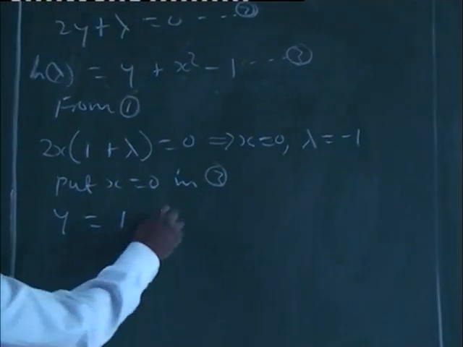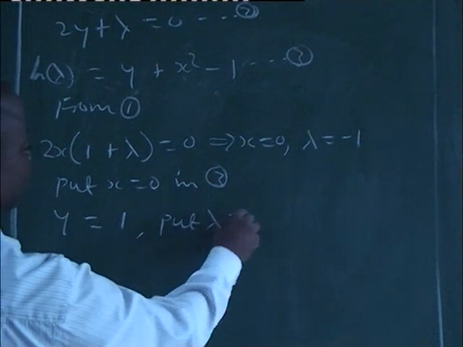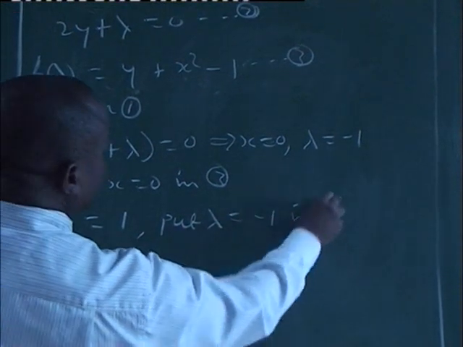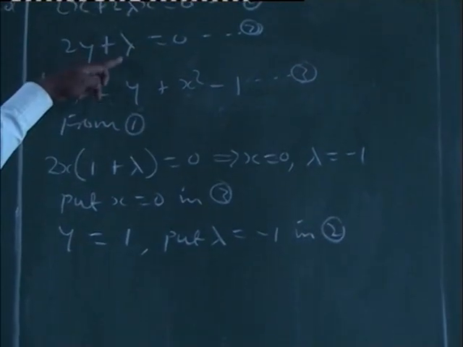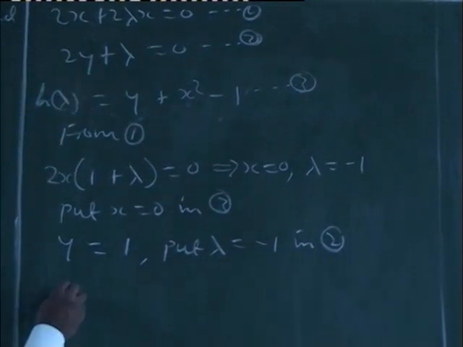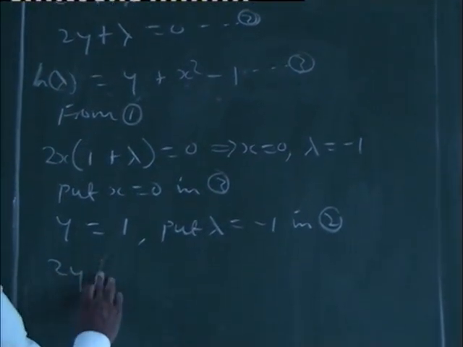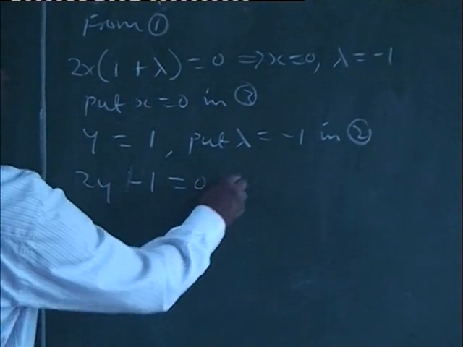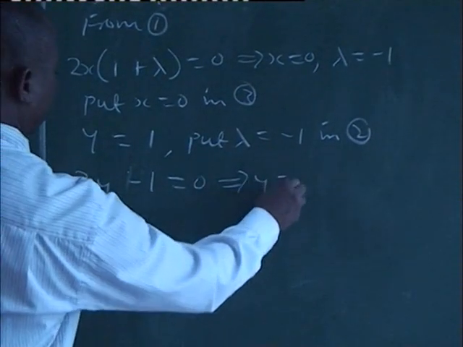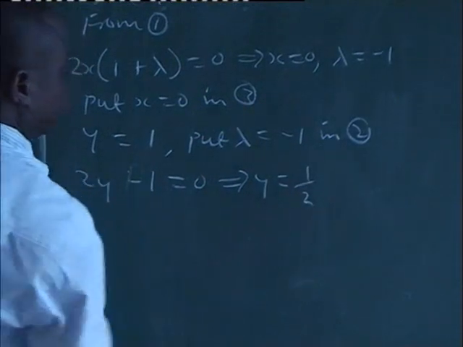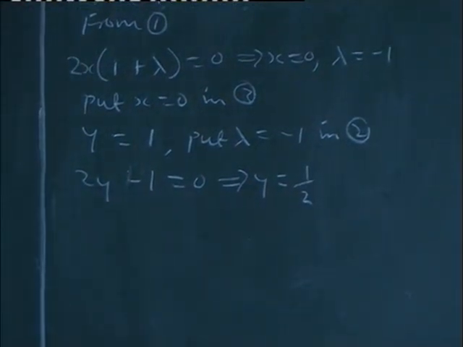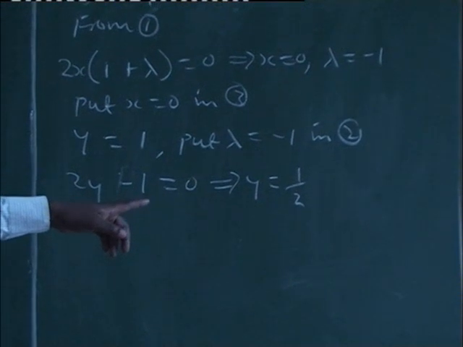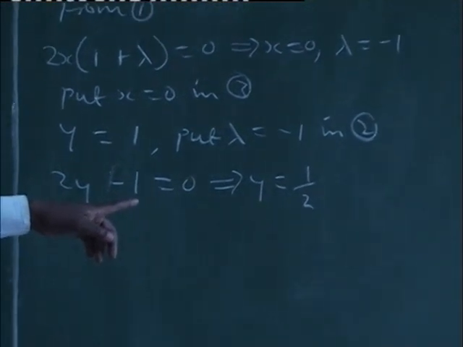Now if I also put lambda equals minus 1 in 2, that is where I have lambda, we have 2y minus 1 equals 0, which also implies that y is equal to 1 over 2.